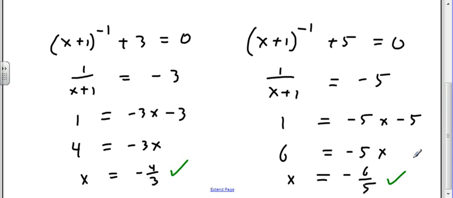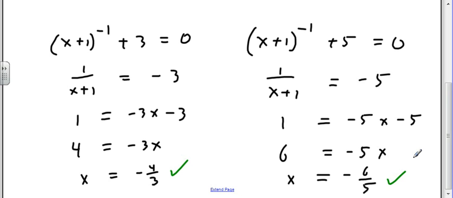Solve for x. I haven't solved for anything yet. It's thinking about it. Still thinking about it. Oh well, it's still thinking about it. Okay, so maybe the calculator won't do that one.